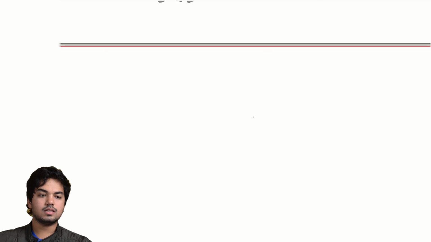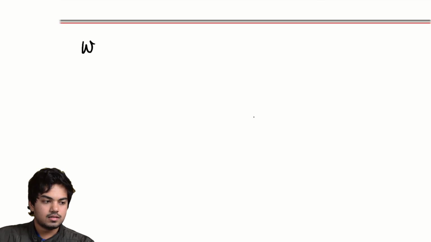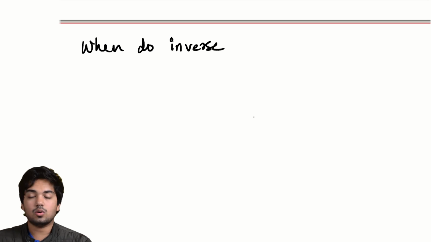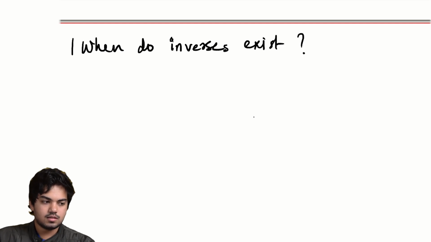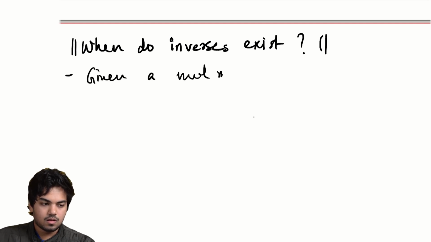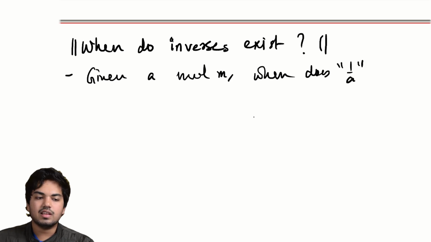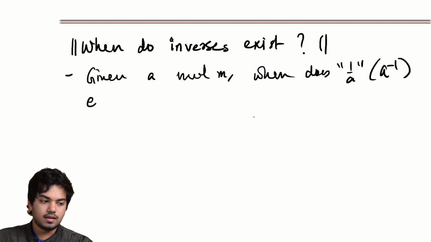So we can ask the natural question: when do inverses exist? I never said an inverse exists. I just told you what an inverse is. So when do inverses exist? The more specific question, this is a heading if you will, is: given a mod m, when does 1 by a, or as we write it in a nicer way, a inverse, so that we don't have to talk about actual fractions, exist?